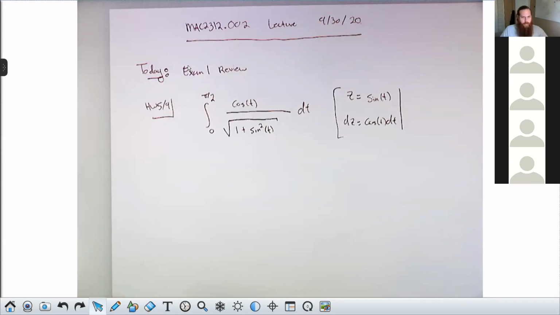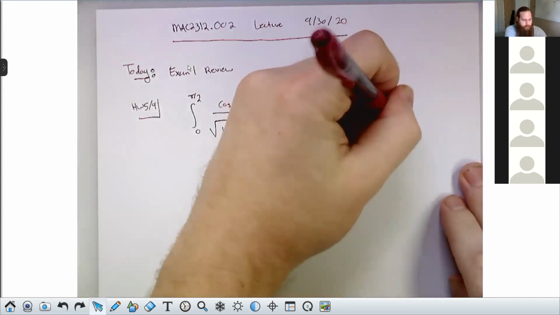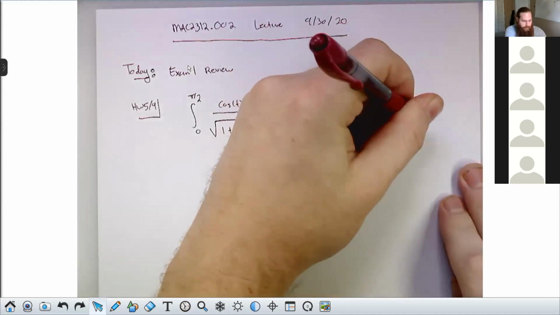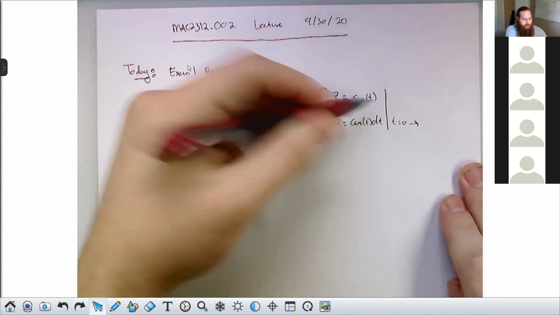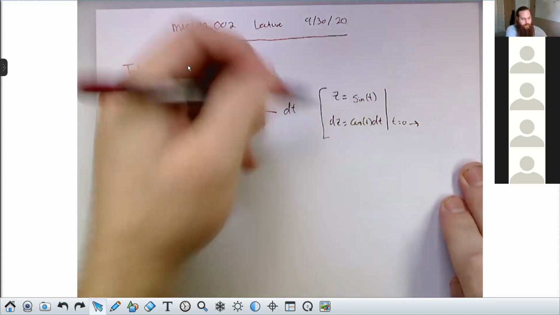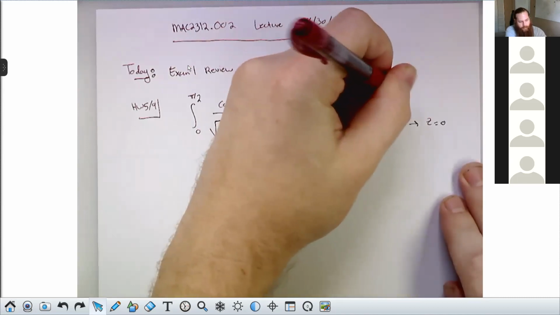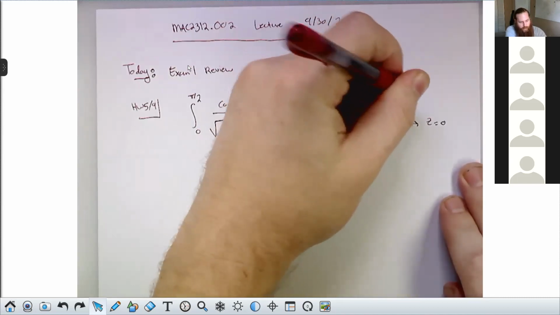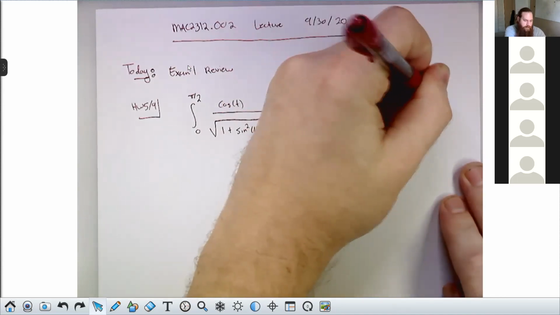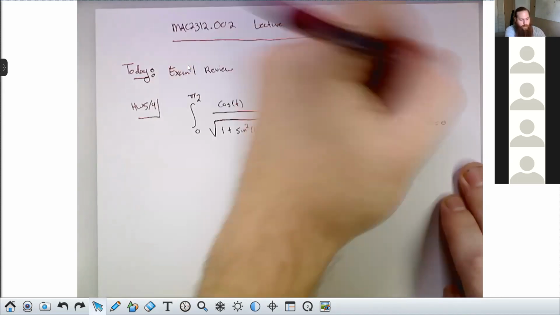So instead, I say, all right, when t is 0, z is the sine of t, so z would be the sine of 0, which is 0. So my lower bound stays 0. And when t is pi over 2, z is the sine of pi over 2, which is 1.